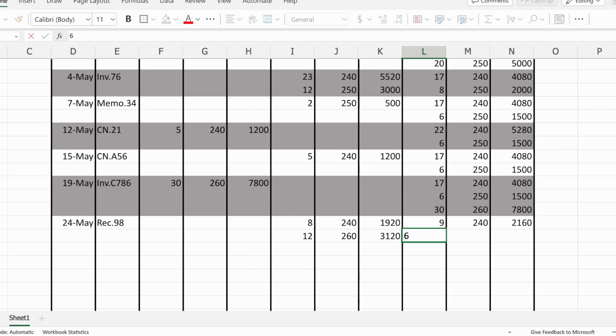And then the inventory that's worth 250 is not touched because there's no mention of selling the $250 one. So that remains the same. But there's an effect to the $260 one, so it reduces by 12. So 30 minus 12 is 18, and then 18 multiplied by 260 gives you 4,680. So now let's go to the next.